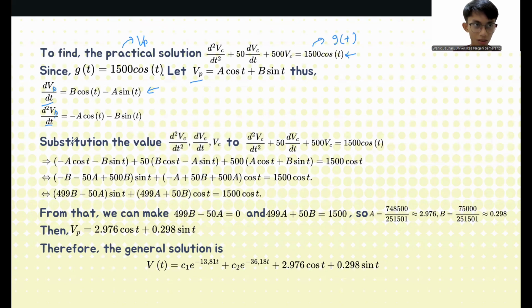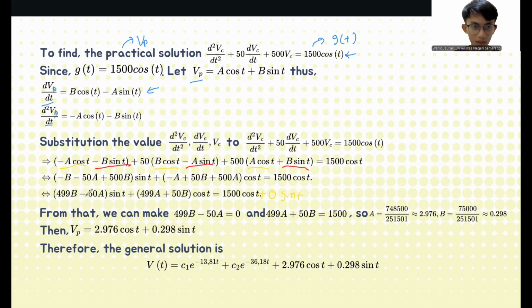Okay, we factorize all of the sin t terms and group them into one group, and the second group is the cos t terms. On the right side we have 1050 cos t plus 0 sin t.